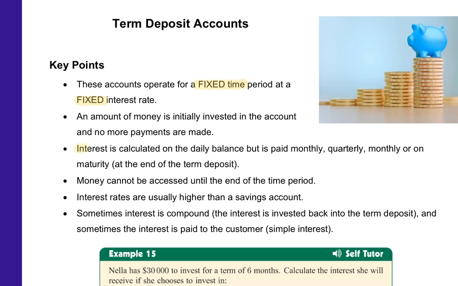Interest is calculated on a daily balance, but it's paid monthly or quarterly or at the end of the deposit. You can't access the money until the end of the time, and the interest rates are usually higher. So that's one of the advantages. Disadvantage, can't access money. Advantage, interest rates are higher.